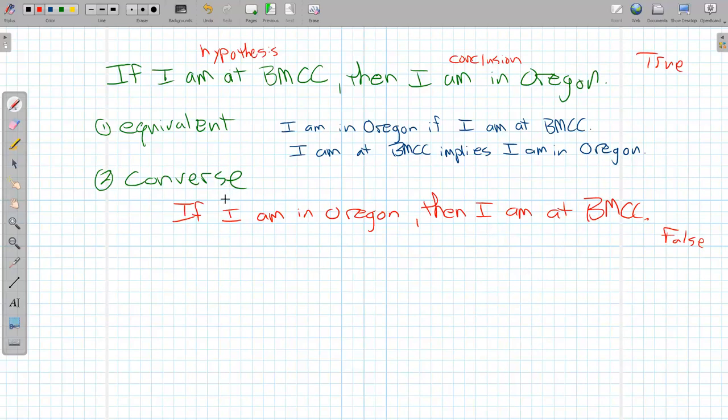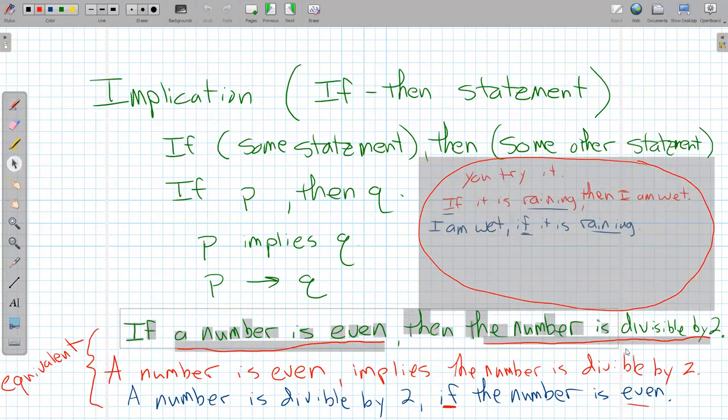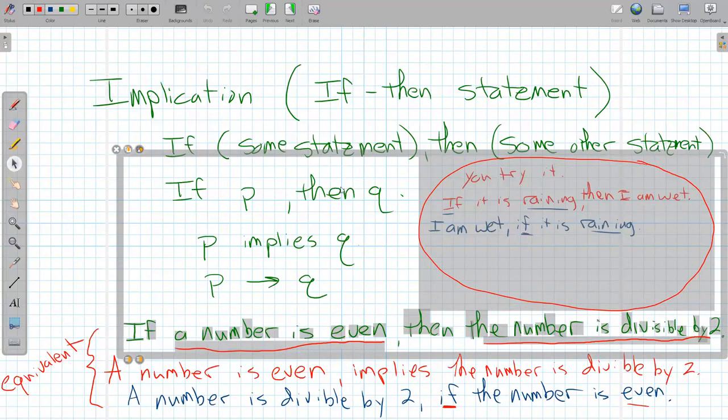So that is important. If we go back a couple pages to the even number thing. So if a number is even, then the number is divisible by 2. The converse of that, let's take a look. Can I copy that? Let's try. Got a little more than I wanted, but that's okay.